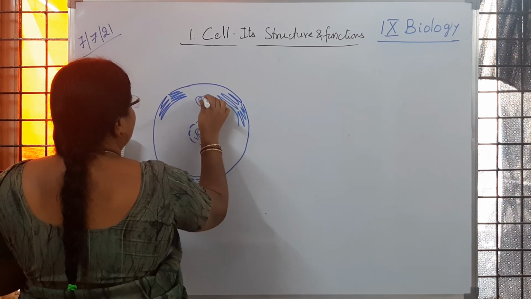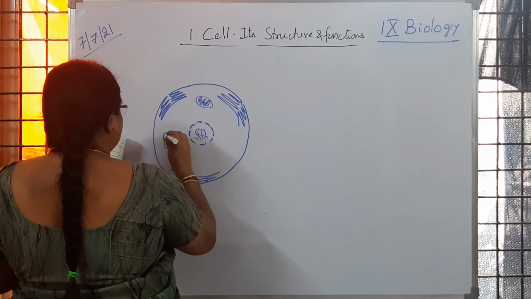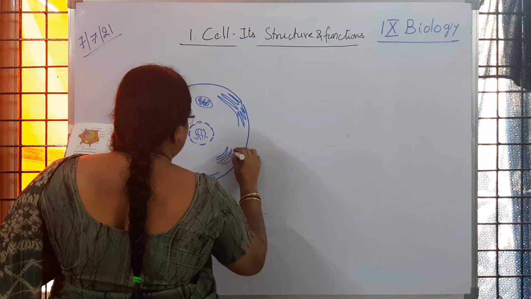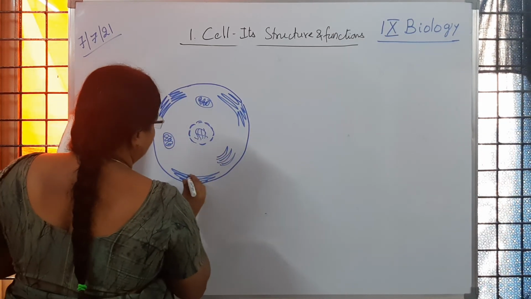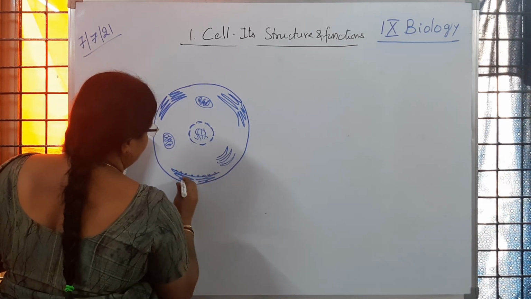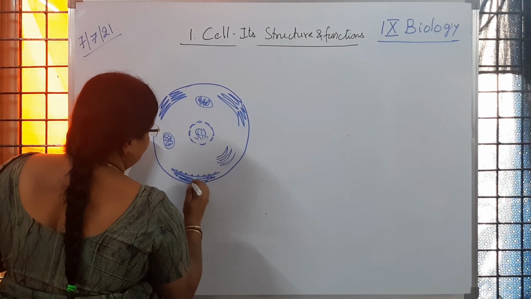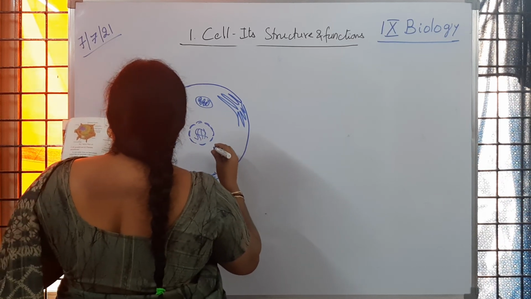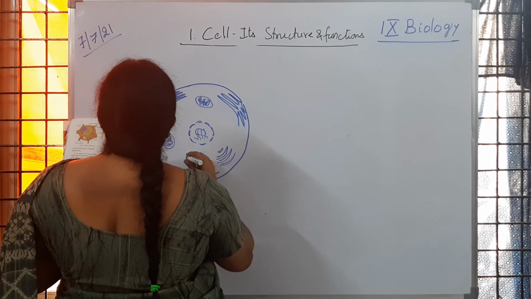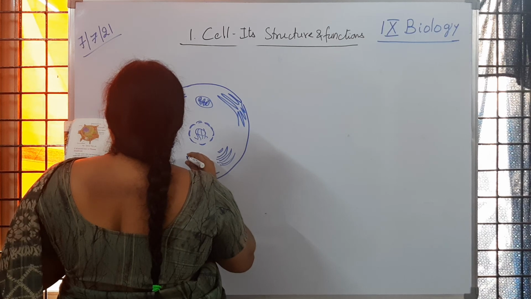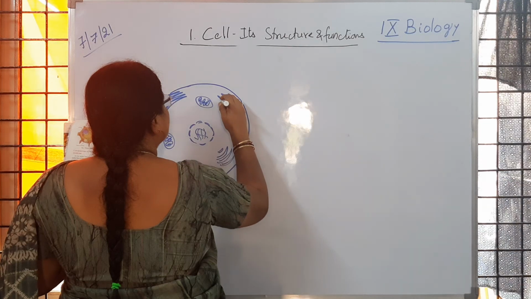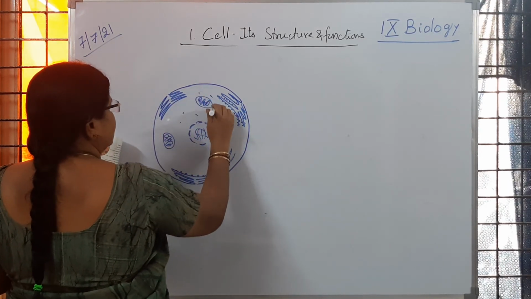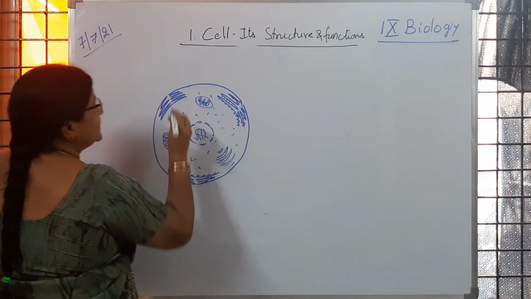You can observe a large number of mitochondria. So this is the animal cell.